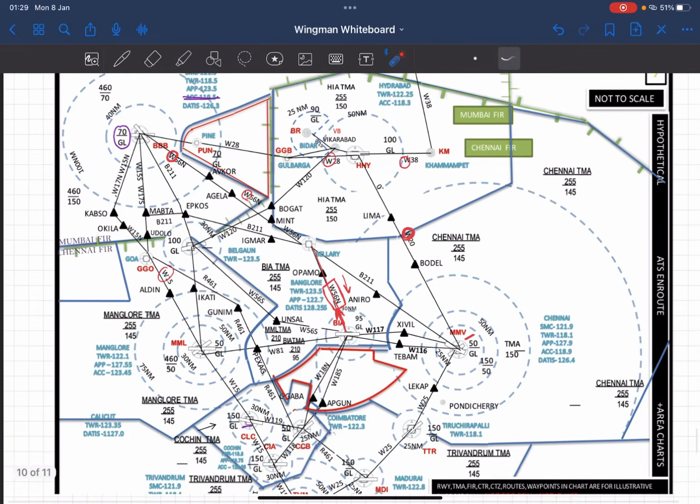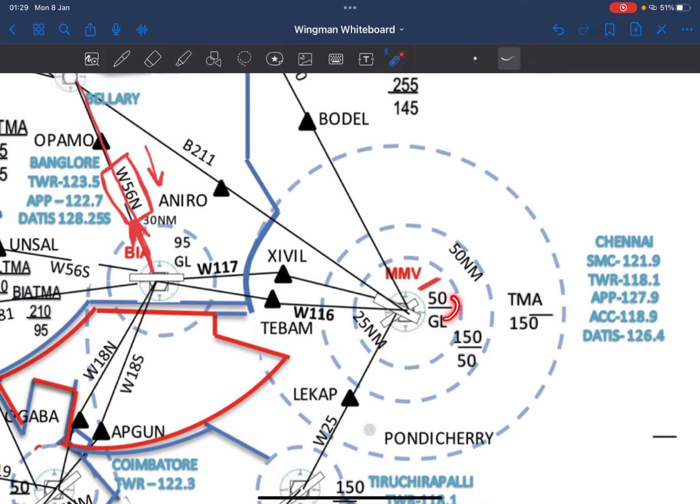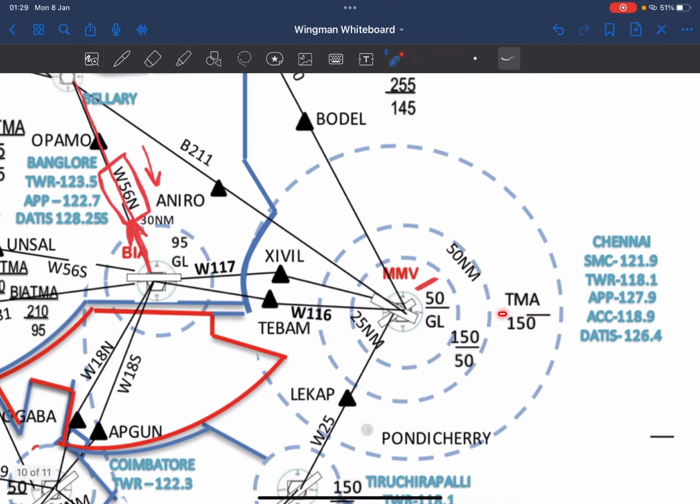Looking at Chennai here: ground level to 50, 50 to 150, 150 to TMA. Any traffic above flight level 150, up to the highest flight level available in our country, which is flight level 460, our max available airspace, and more than 50 nautical miles away, will contact area control.